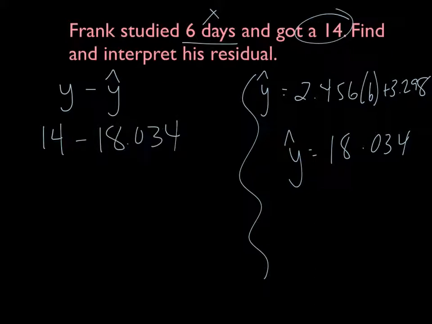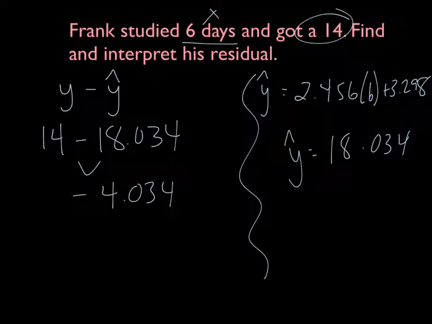And notice the 18 is higher. We would expect him to get higher, but he actually got lower. So in this case, when we plug this in the calculator, we get negative 4.034, I believe it is. So his residual: he actually scored 4.034 lower than what we expect.